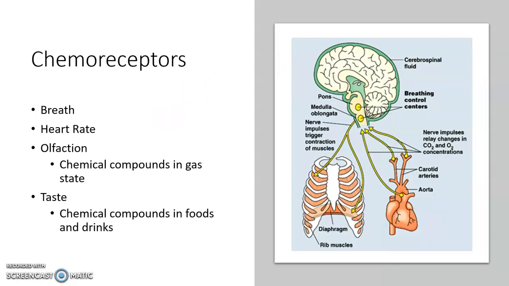Chemical receptors. What these do is detect chemicals in our external and internal environment.